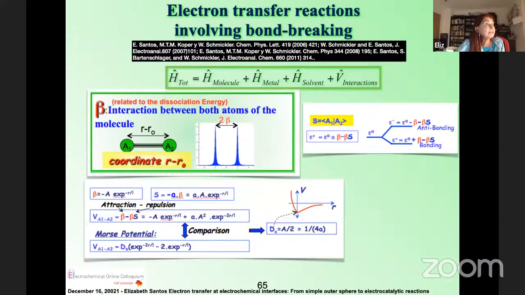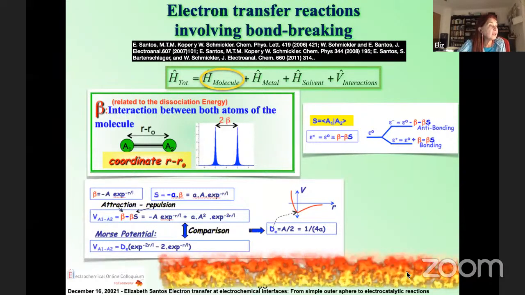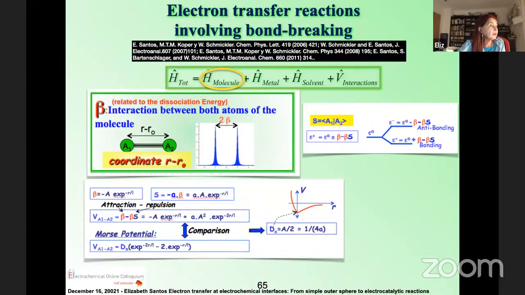And then later, together with Mark Cooper, we used our Hamiltonian and put this interaction in, instead of having this effective switching operator, which we don't consider anymore.